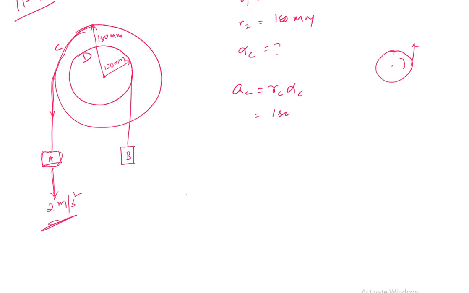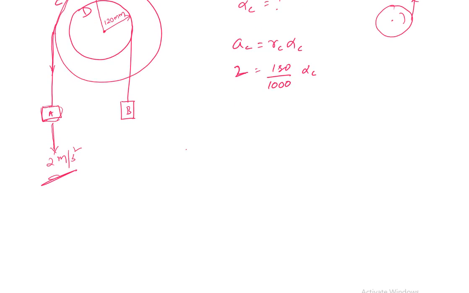Yeah, 180 divided by 1000, because we want it in meters, times alpha C, and AC is given as 2. Now when you do the numbers, you get alpha C is equal to 2 divided by 0.18, which comes to 11.1 radians per second square.